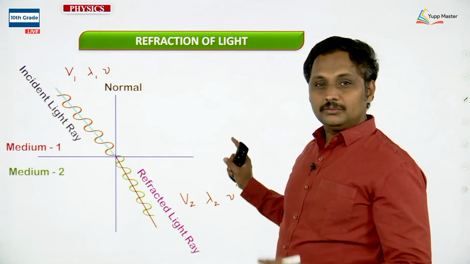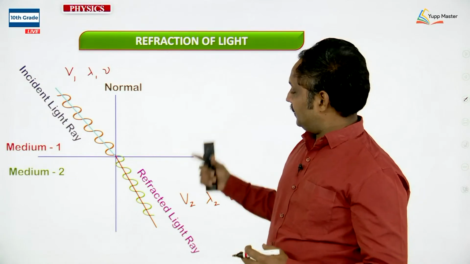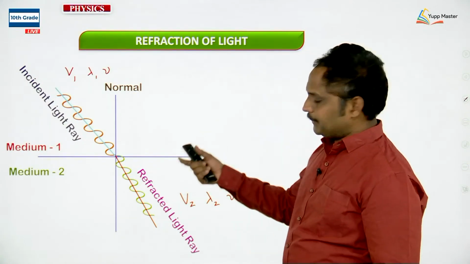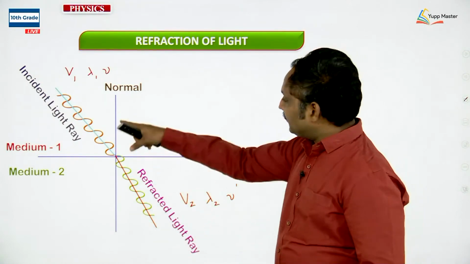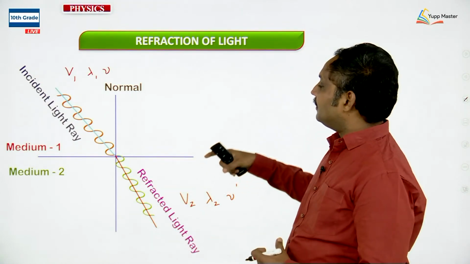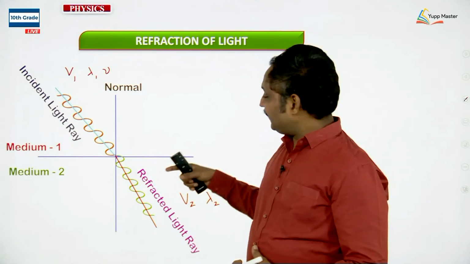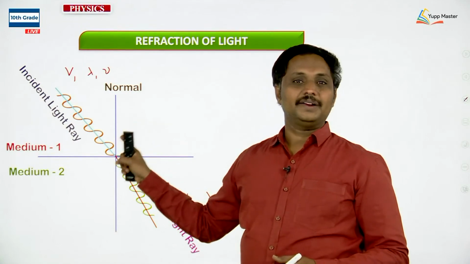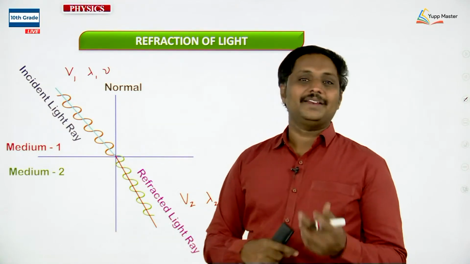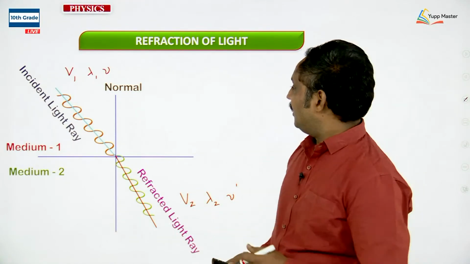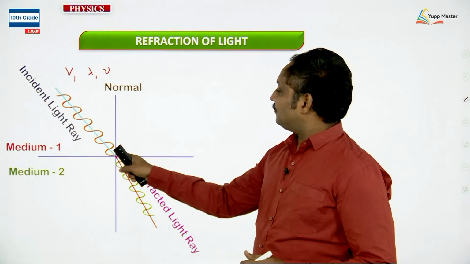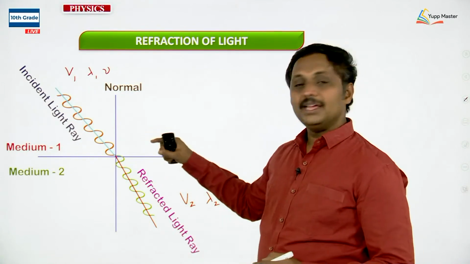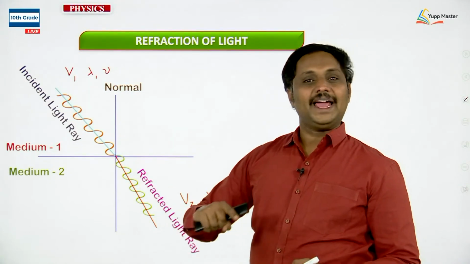These are all discussed in detail. From this picture, the incident light ray has been refracted and it bends towards the normal, no doubt at all. Medium 1 is the rarer medium. Medium 2 is the denser medium. The normal at the point of contact is used to measure the angle of incidence and angle of refraction.